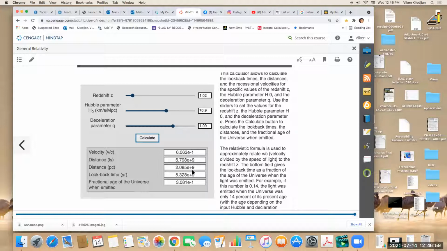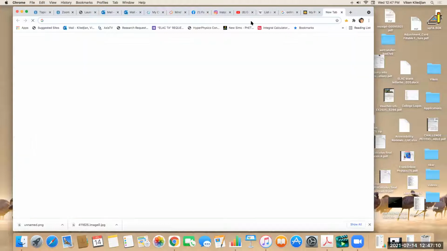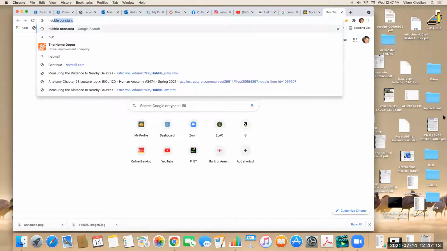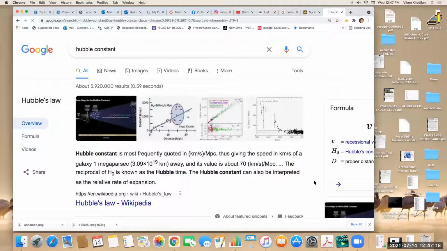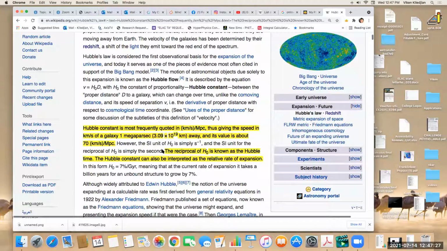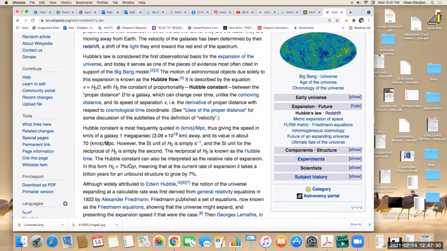From all the data that we have, the deceleration parameter of the universe right now is -0.5. That means actually the universe is accelerating. And then the Hubble constant, let's look up the best value. The results for the Hubble constant always vary, but right now it's about 70 kilometers per second per megaparsec.